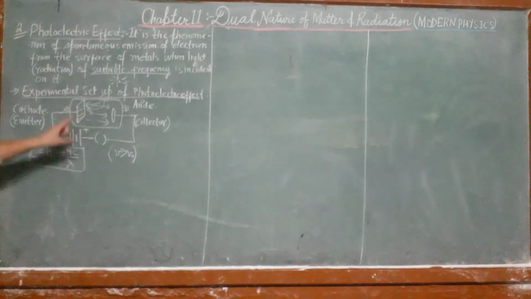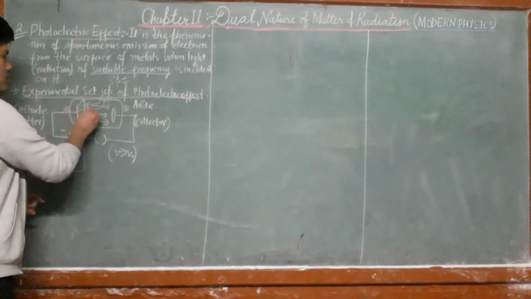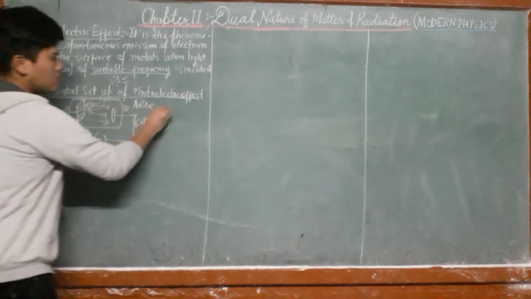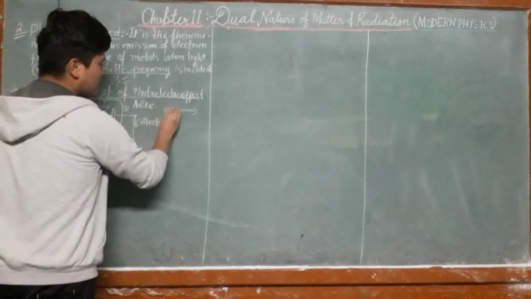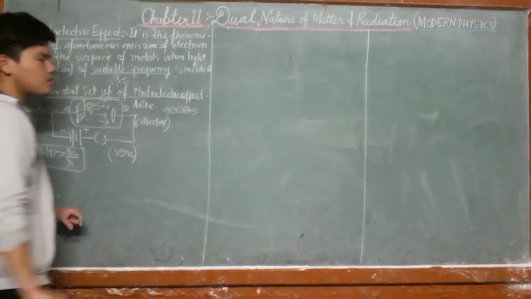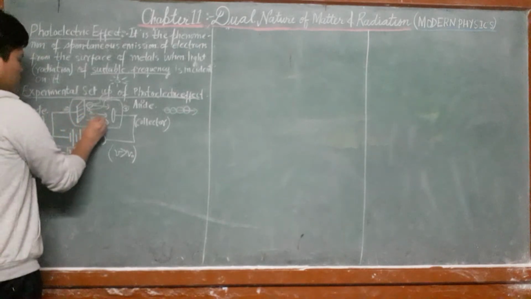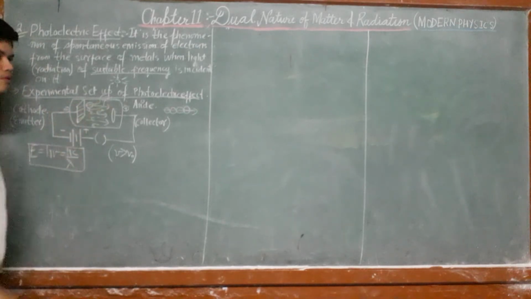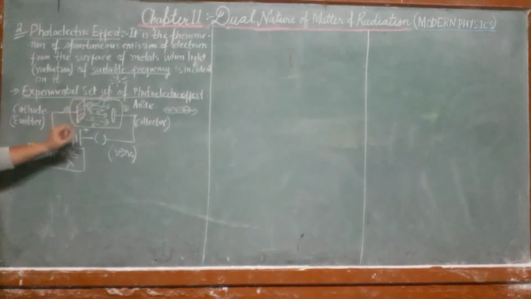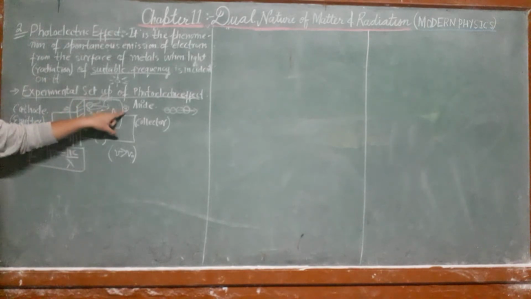Suppose this is a ray of light. A ray of light consists of millions of photons. Each photon will collide with one electron on the surface, superficial electrons which are loosely bound. Now electrons are negatively charged, so they will be attracted by this positive charge.